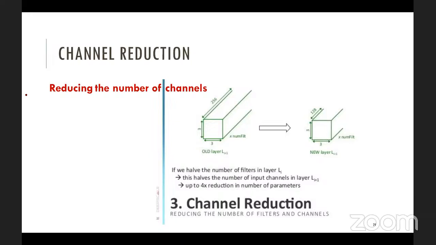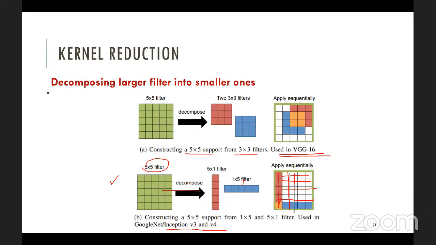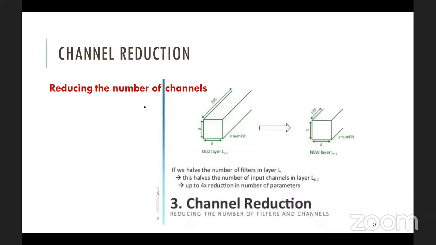So that was the kernel reduction, and now it is channel reduction, reducing the number of channels. If we just halve the number of filters in a layer, what will happen? For example, your first hidden layer has 64 filters.